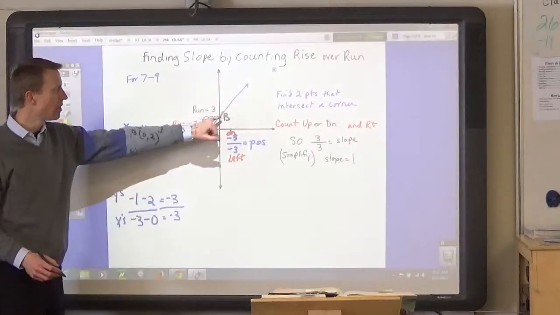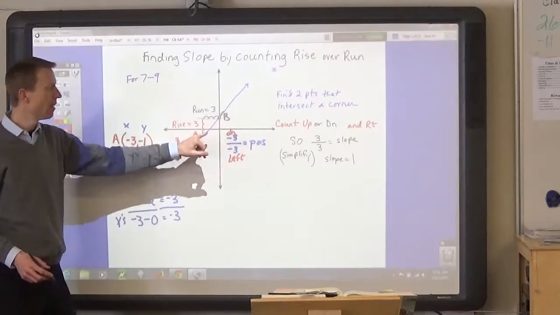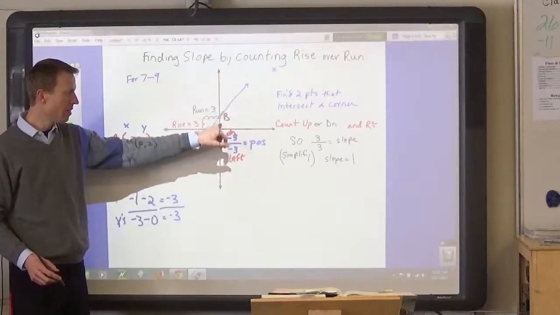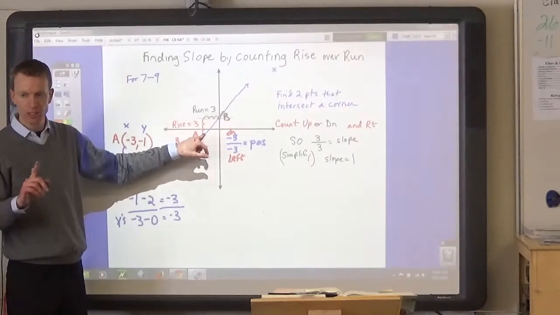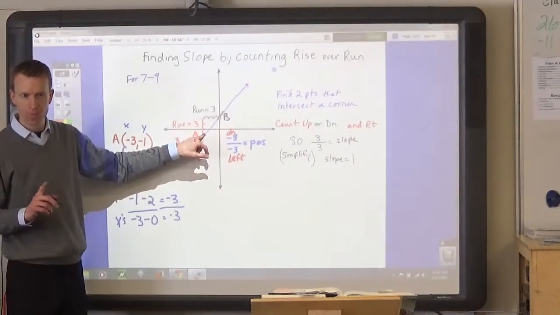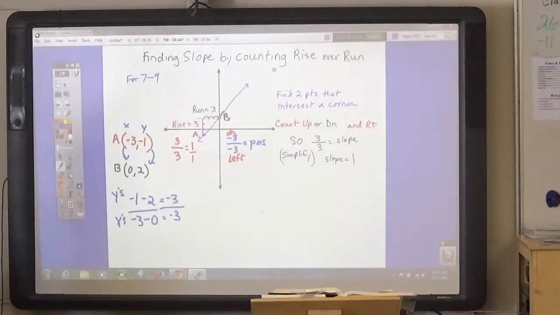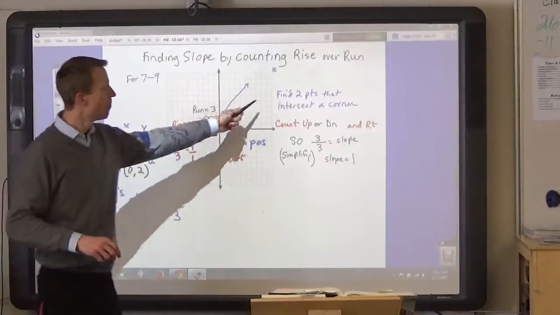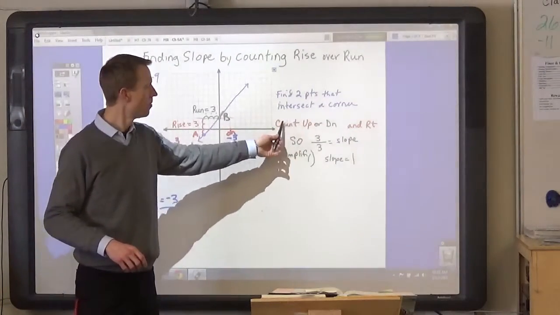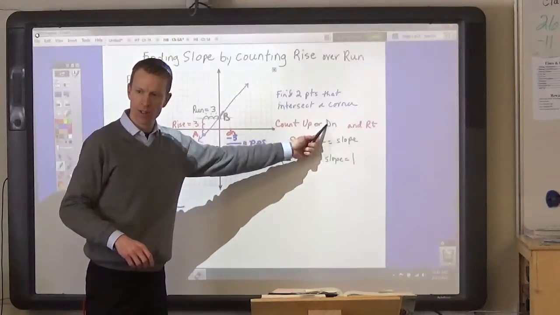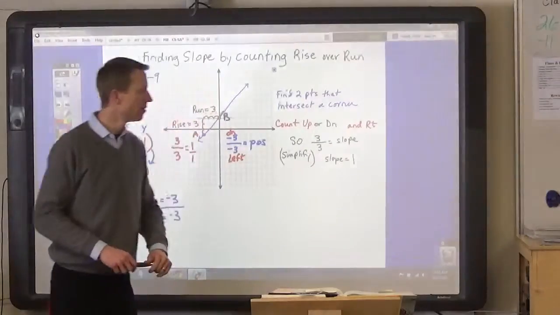Now, you could also count down and over, and that would be a negative number, -3 over -3. It still gives you the same slope, doesn't it? 1. So, again, you find 2 points that intersect at a corner, whole number points, count up or down, and then to the right.